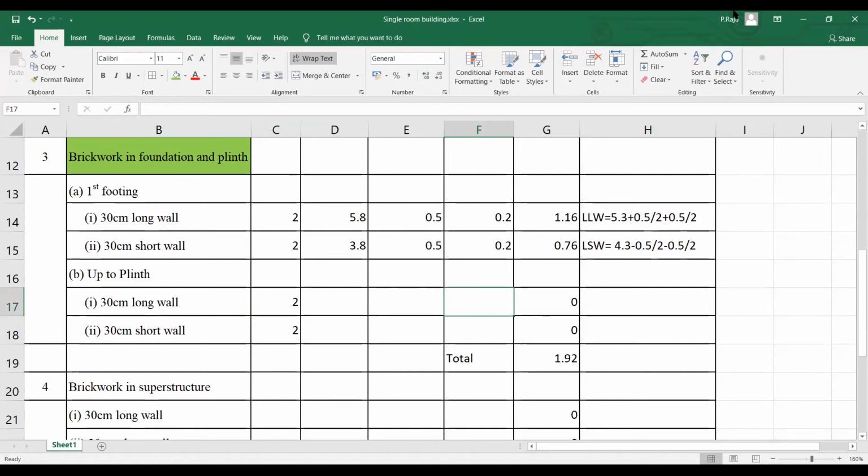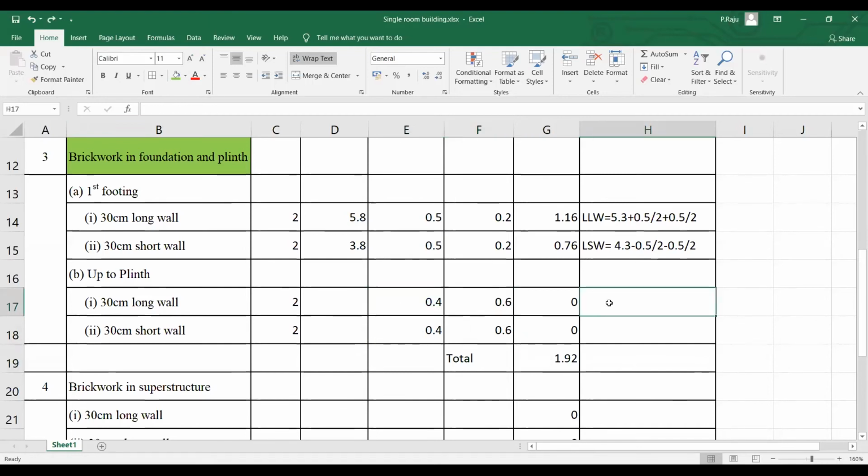Very good. 0.4 by 0.6. 0.4 is the breadth and 0.6 is the height. Okay. So it is same for both. So these two are obtained from the cross section of the given building.